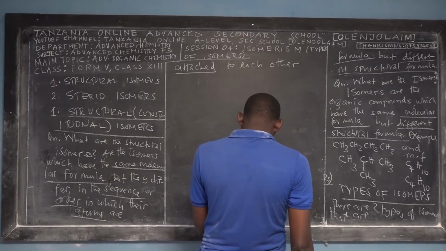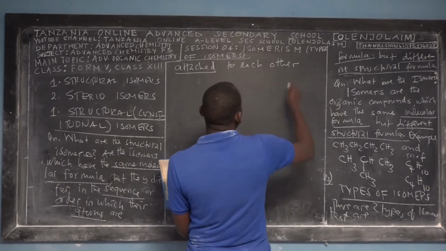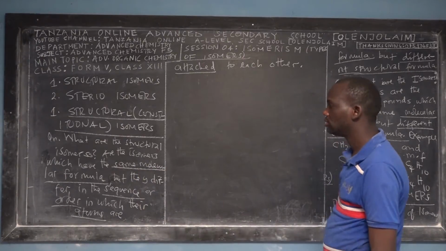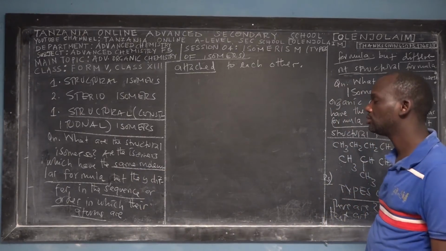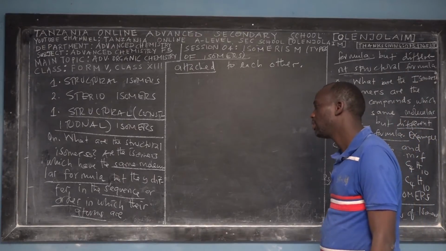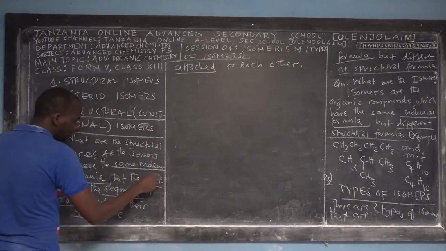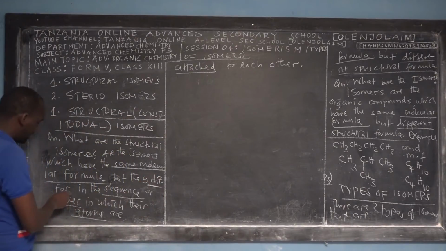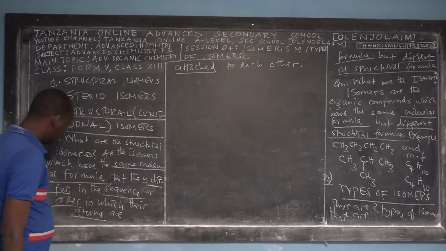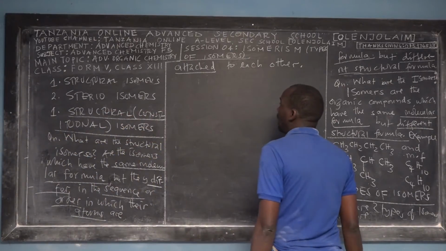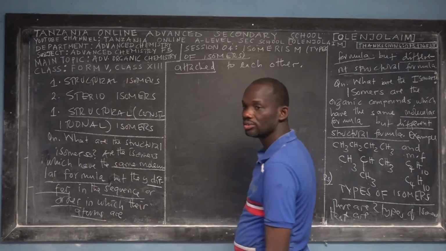That's the full stop. So these are organic compounds which have the same molecular formula, but they differ in the sequence or order in which the atoms are attached to each other.